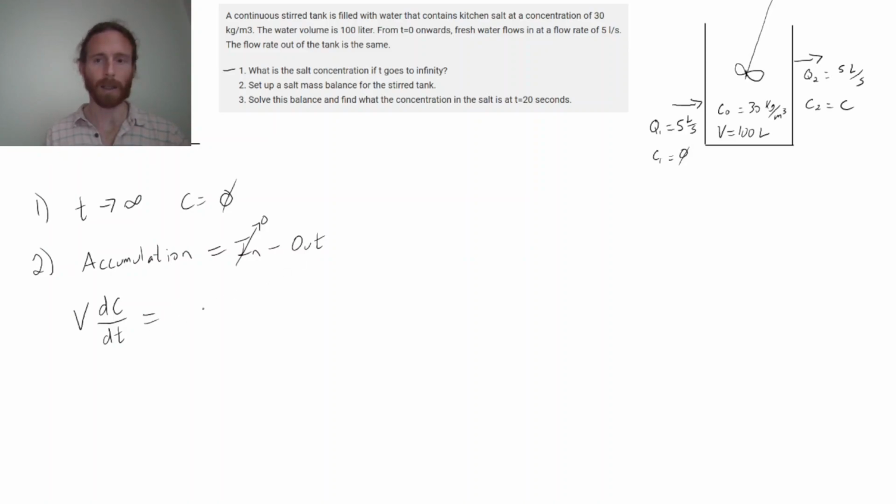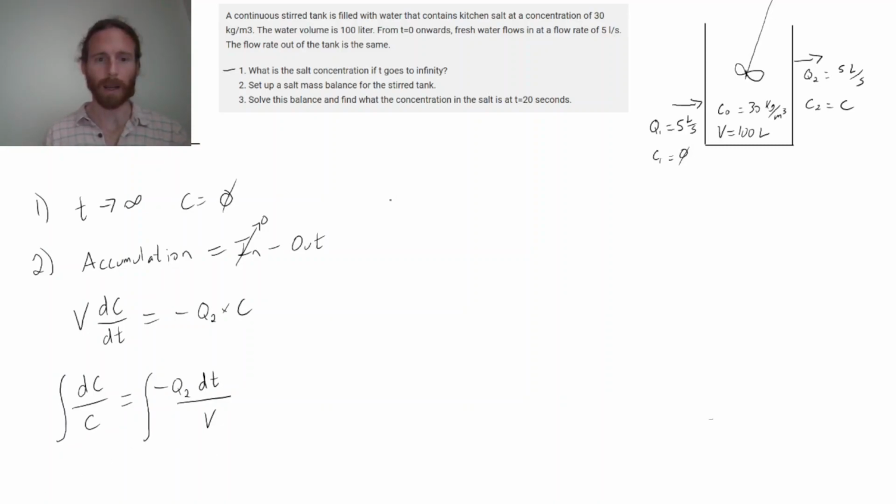The out term is negative Q2 times C. What we can do here is put the C's on one side and the other terms on the other. So we can do dC over C equals negative Q2 dt over V. And then we integrate these.